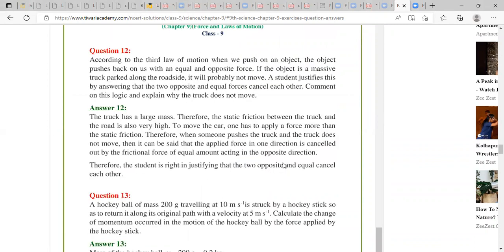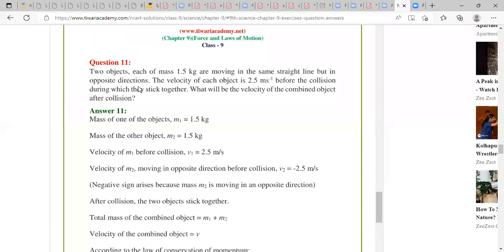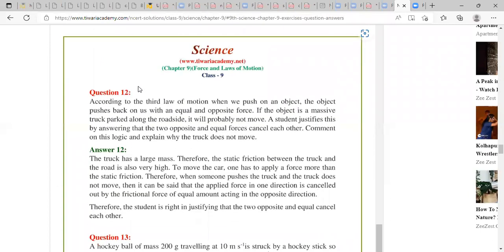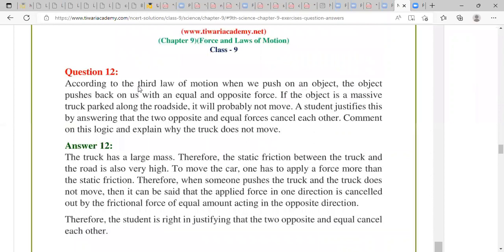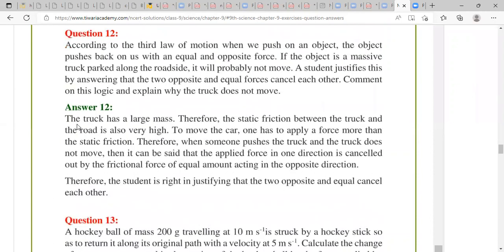According to the third law of motion, when we push an object, the object pushes back on us with an equal and opposite force. If the object is a massive truck parked along the roadside, it will probably not move. A student justified this by answering that two opposite and equal forces cancel each other. Comment on this logic. So see, the truck has a large mass. Therefore the static friction between the truck and the road is very high.